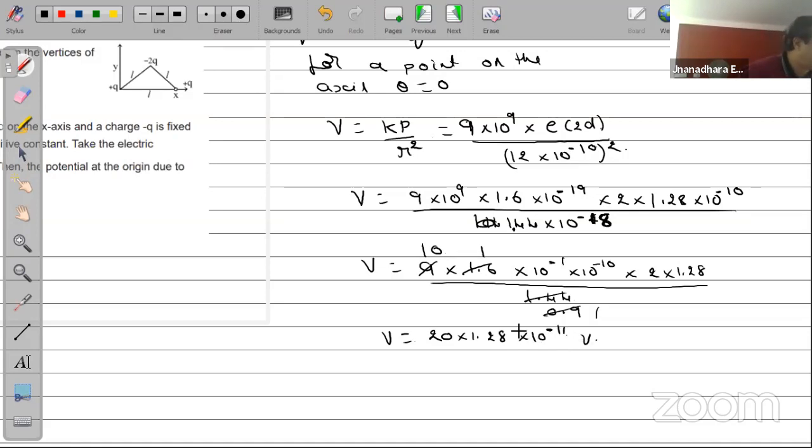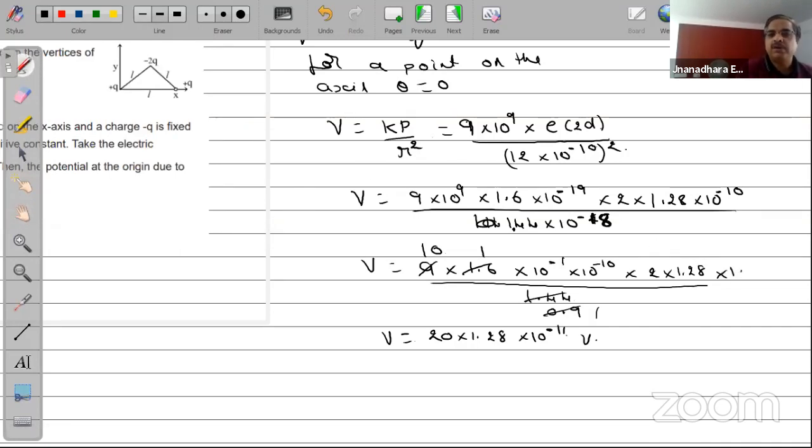Very, very small voltage. Okay. I forgot 10 to the power 9 here, right? I have forgotten it here, so I have to write 10 to the power 9 as well.